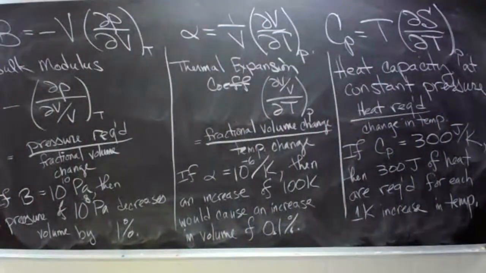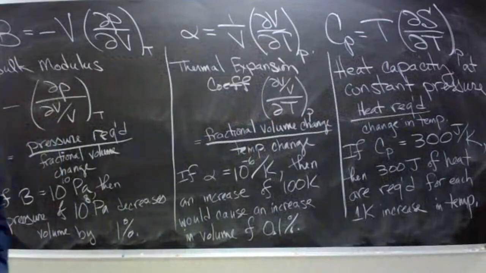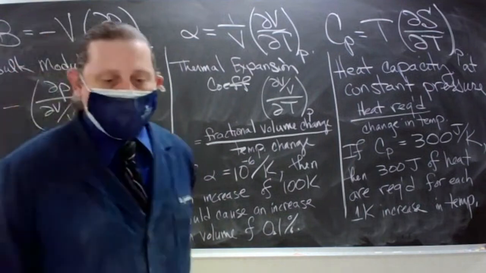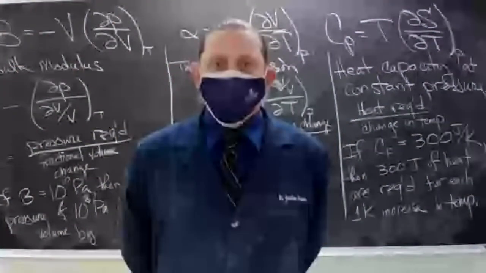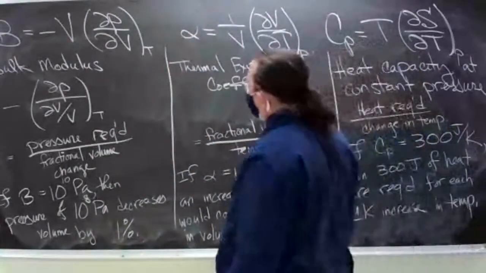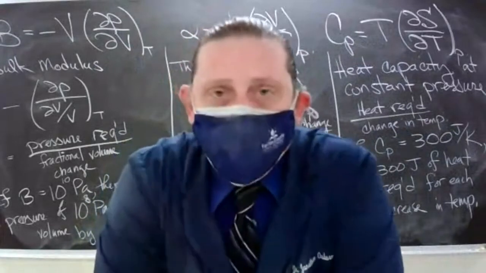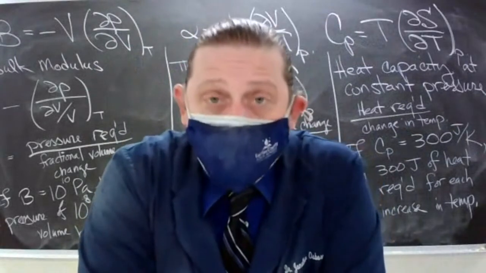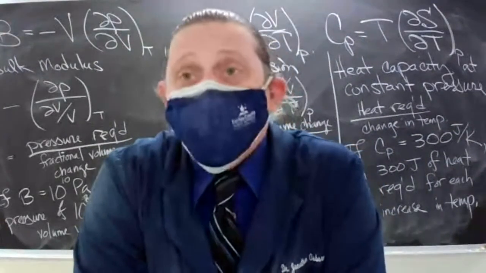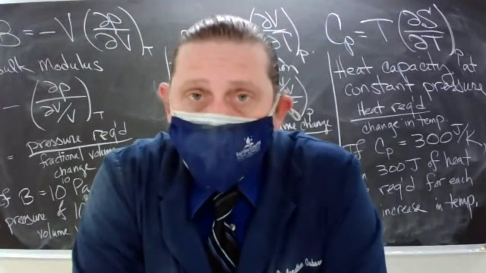Now, the reason that we are spotlighting these three derivatives is because they're more or less easily measured in the lab. Okay? Constant temperature is accomplished by putting a substance in thermal contact with a reservoir maintained at a certain temperature.